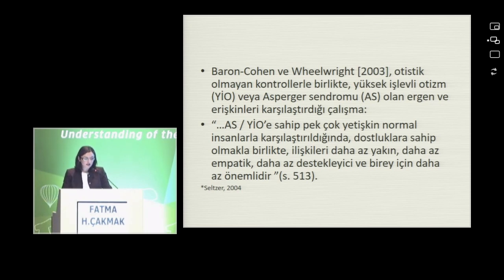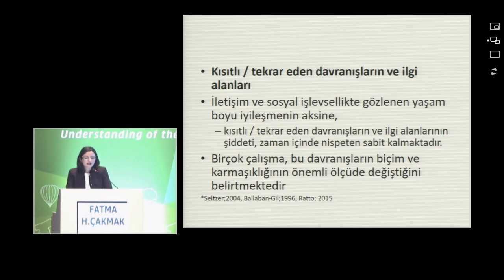Baron-Cohen and Wheelwright compared adolescents and adults with high-functioning autism or Asperger's syndrome with non-autistic controls. In their trials, they found that although many adults with ASD do have friendships compared with people in the normal population, their social behaviors and skills are limited.